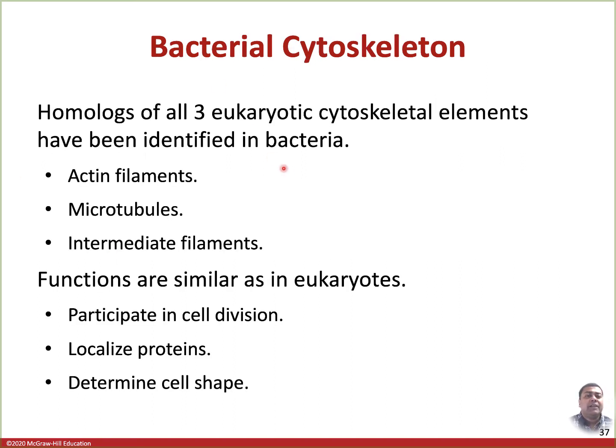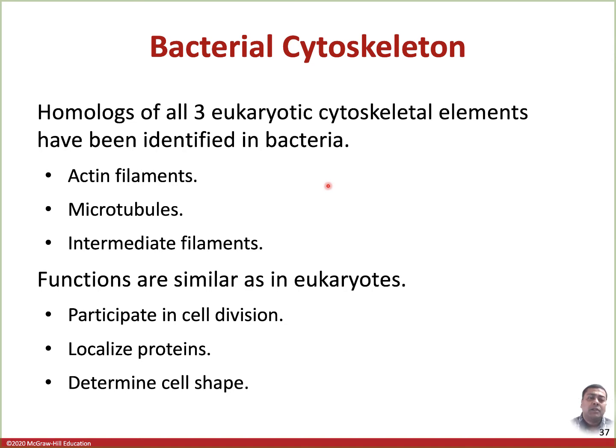So for the bacterial cytoskeleton, initially this was not discovered, and scientists thought that only eukaryotes have a cytoskeleton and bacteria don't have any, but that proved to be wrong. The homologs of all three eukaryotic cytoskeletal elements have been identified in bacteria.